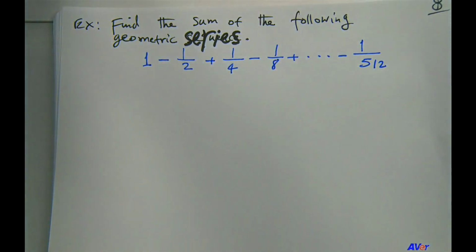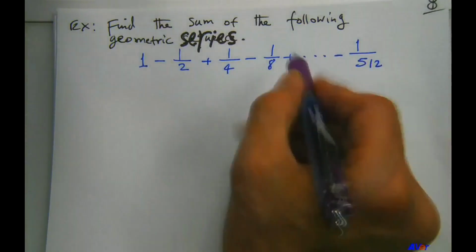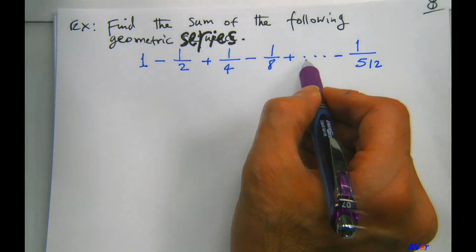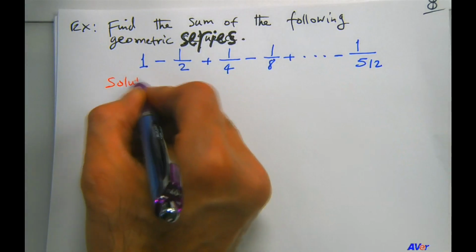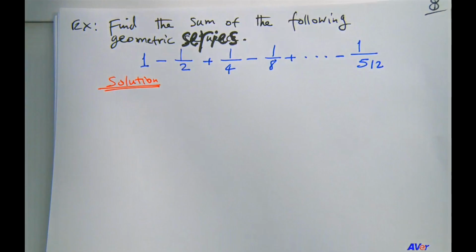Okay, so one way of solving this is, basically they want us to add all these numbers, but this gap doesn't show us what numbers were in between. So we need to know what those numbers are.